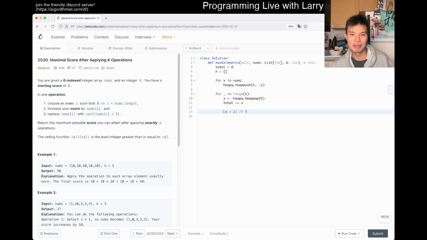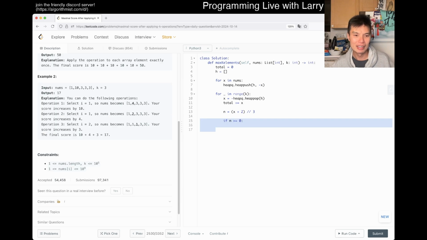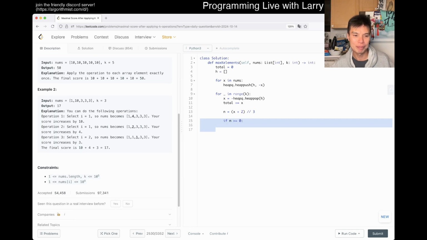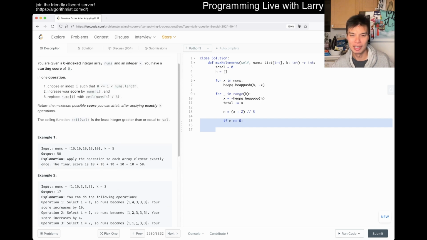So then here we have maybe small n for the next number, and you can just push it back in the heap. The way that I like it is to make sure that it's greater than 0, but actually no, let's just always push in the heap, because if you do what I was going to say, you may run out of numbers if you're not careful, and then you just get a silly wrong answer.